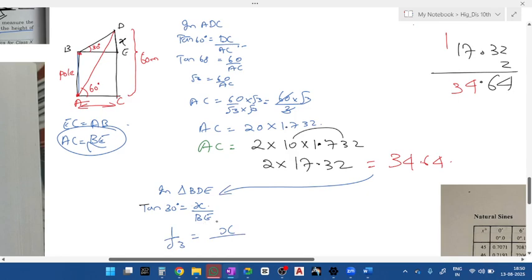What will you take BE as? AC and BE are same. You're supposed to take 34.64. 34.64 divided by root 3.